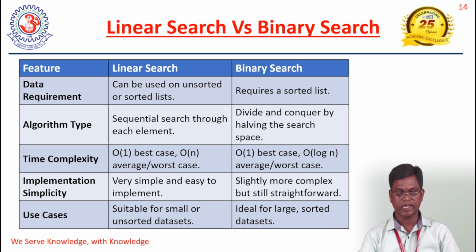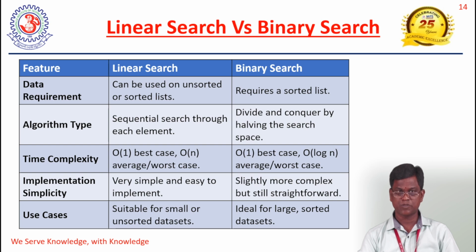And coming to the second parameter, that is algorithm type. Linear search examines a given target element sequentially, one by one. It is a simple process. Whereas binary search follows the method called divide and conquer, by reducing the search space to half of the elements.